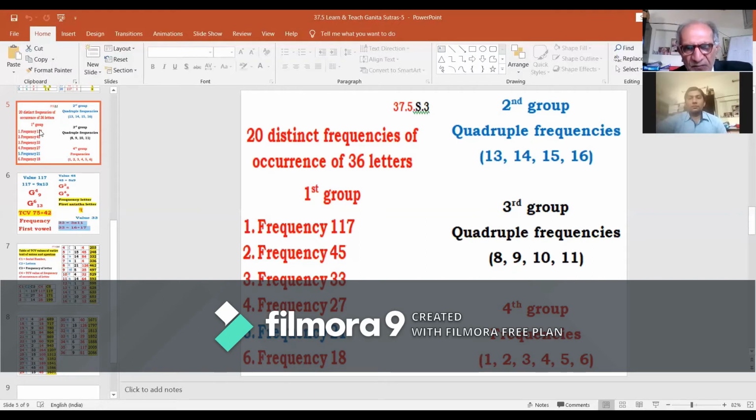It is this feature which deserves to be absorbed fully to acquire proper insight and appropriate enlightenment about the organization, format, features of the text of Ganita Sutras and Upsutras as 16 sutras and 13 Upsutras, availing in all 36 letters of these 20 distinct frequency values, making 4 groups.